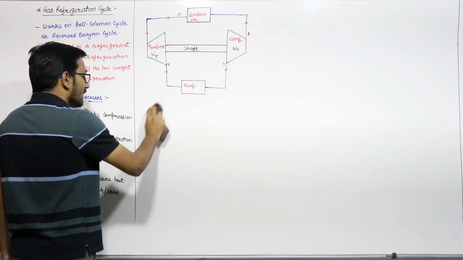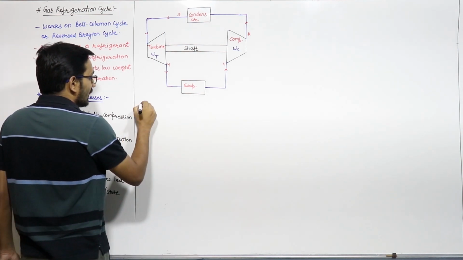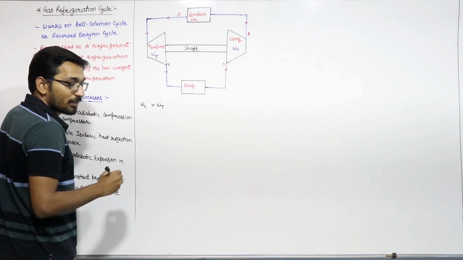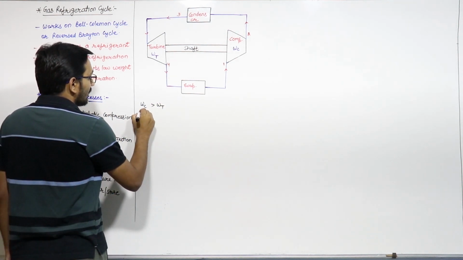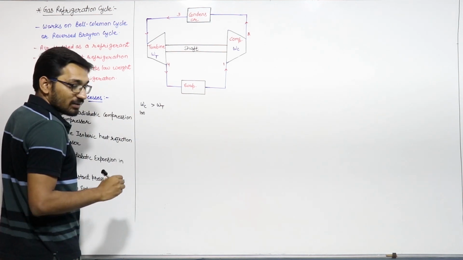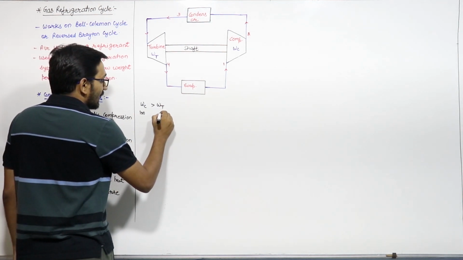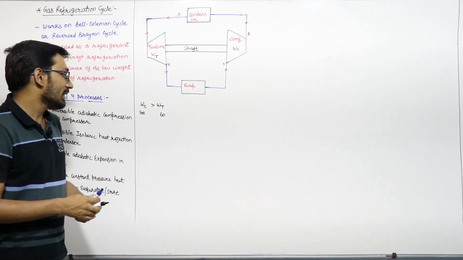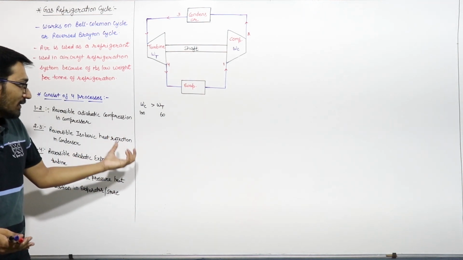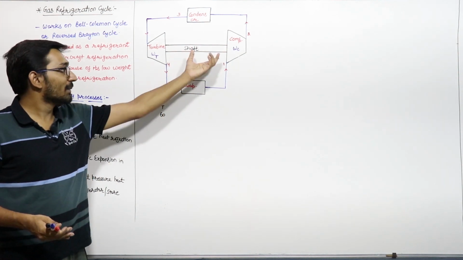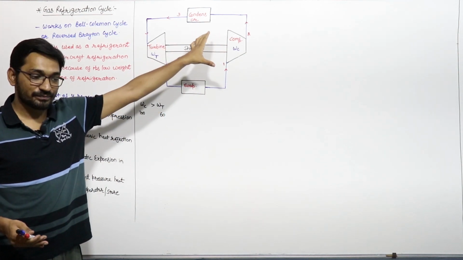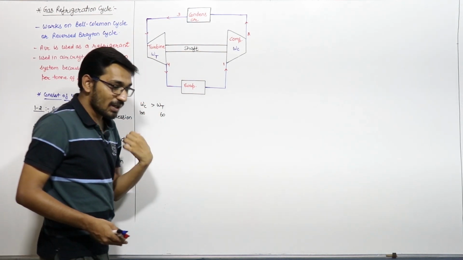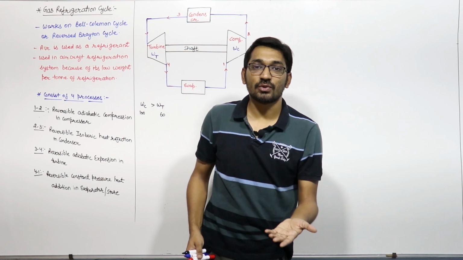So let us say the work required by the compressor is more than the work produced by the turbine, let us say 100 units of work is required by the compressor and this turbine is producing 60 units. So we are giving this turbine work to the compressor with the help of this shaft. This turbine work which you are getting is the extra advantage to you, right?